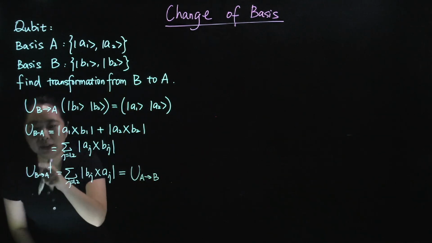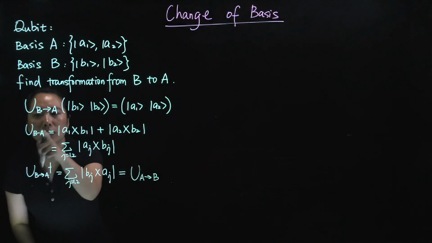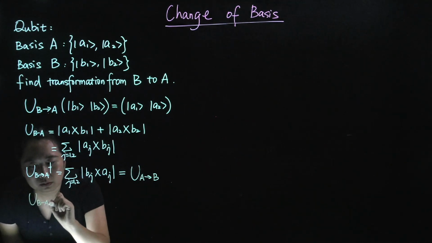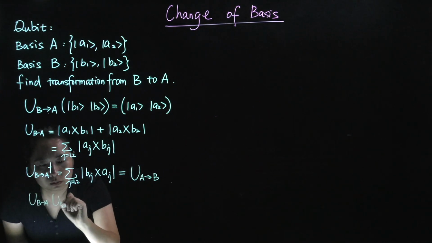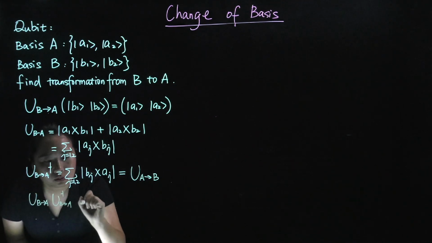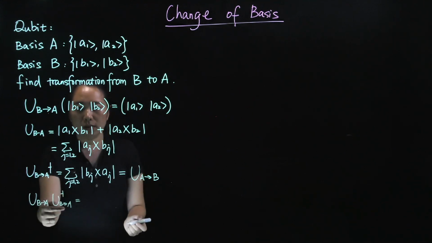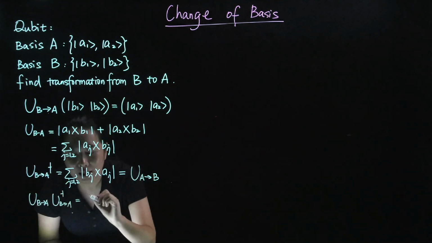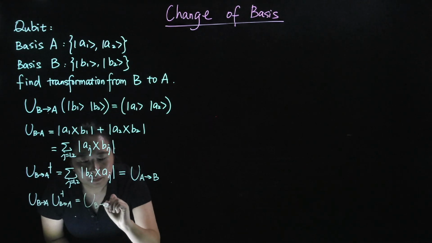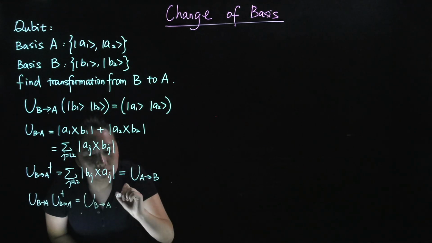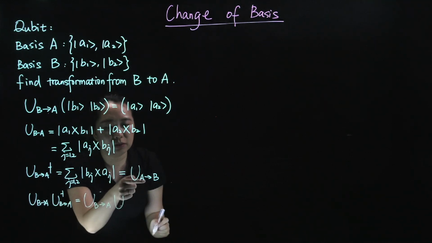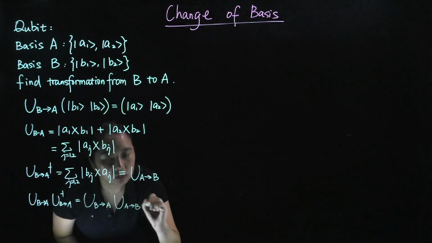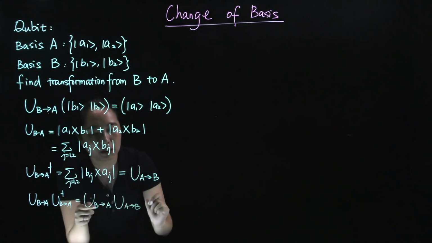How about the product of U and U adjoint? So this is a transformation from the B basis to the A basis, and then times the transformation from the A basis to the B basis, which should go back to the B basis.